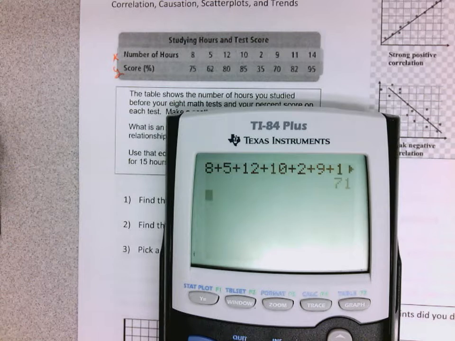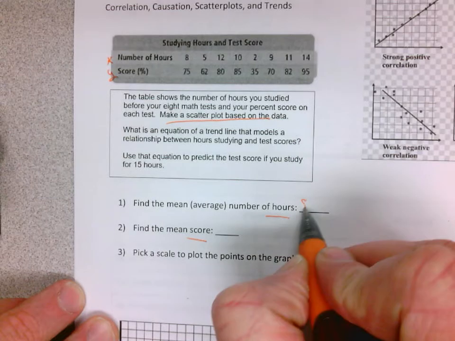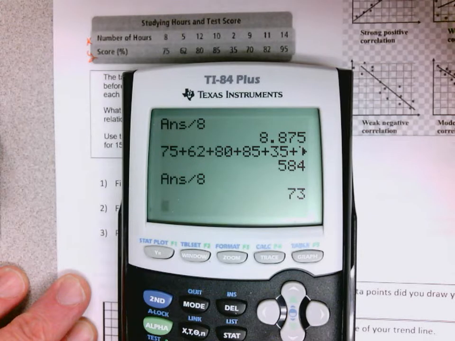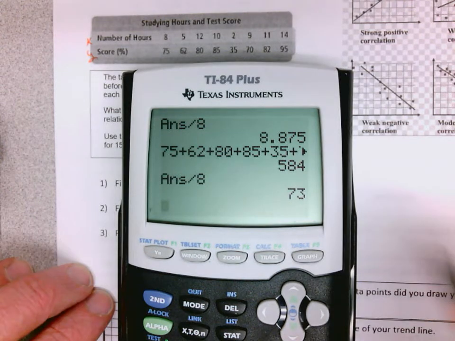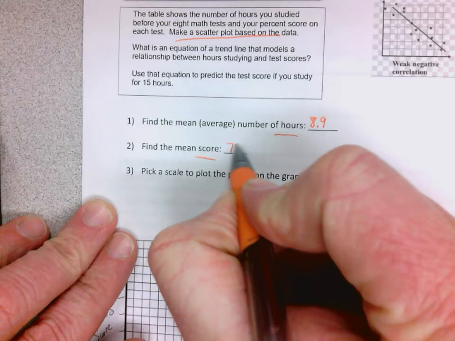So the average x value is about 8.9. And then if you find the average y values, boom, found them, added them up, divide by 8. Average y value is 73. The reason I do that when I'm finding a trend line is I know my trend line is most accurate if it goes through about that point.